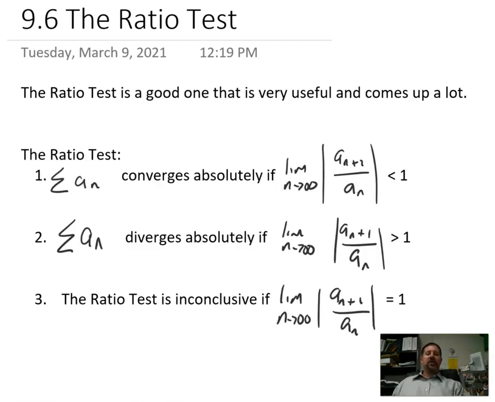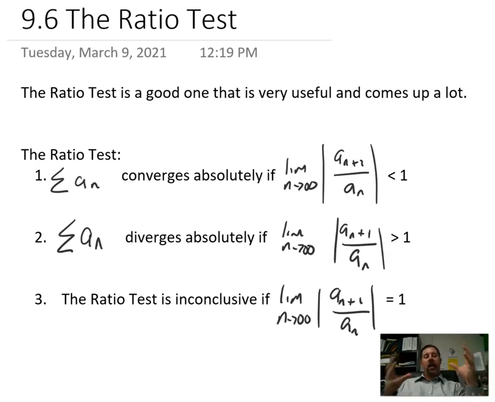Okay, so the ratio test states that a series is going to converge absolutely if you look at the limit as n goes to infinity of the next term, a sub n plus 1, over a sub n.